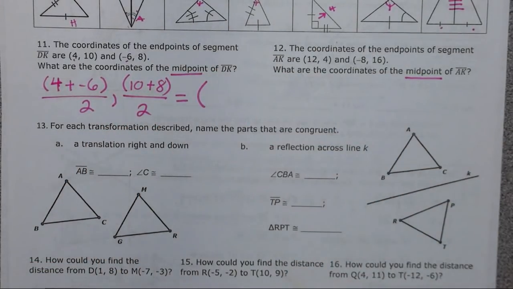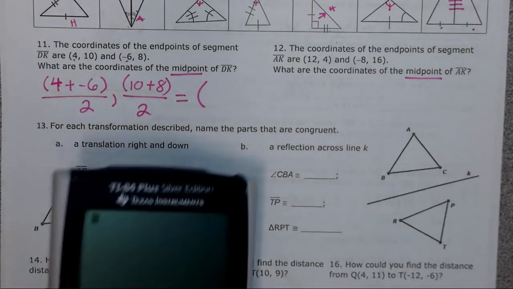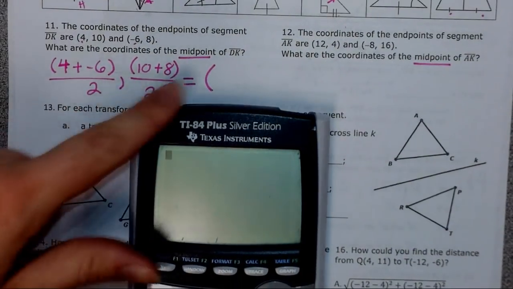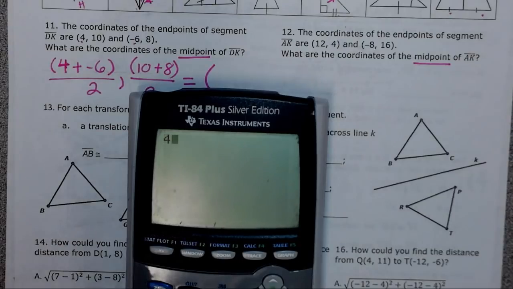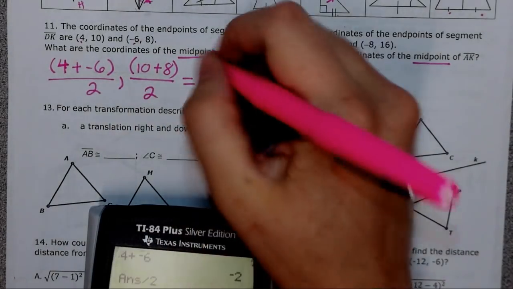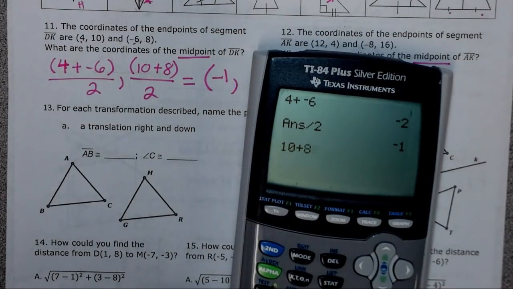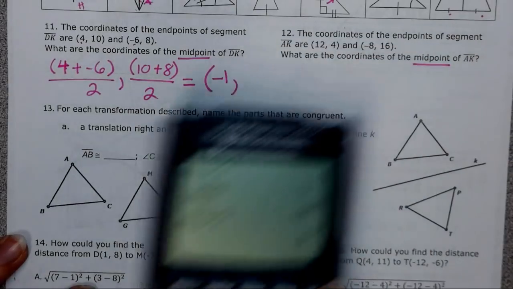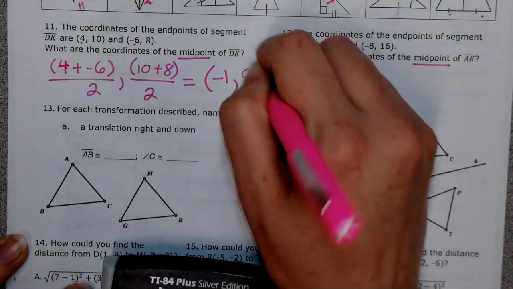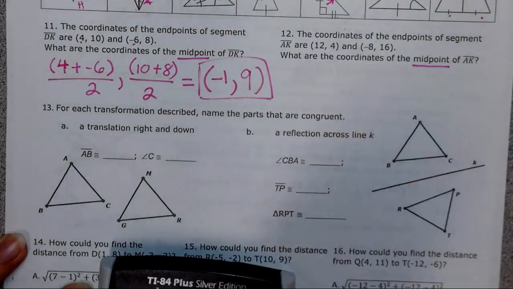You have to do this separately because your calculator cannot do a comma and then separate parentheses. So 4 plus negative 6 divided by 2 gives us negative 1. And then separately, 10 plus 8 divided by 2 gives us 9. Okay. So there's the midpoint.